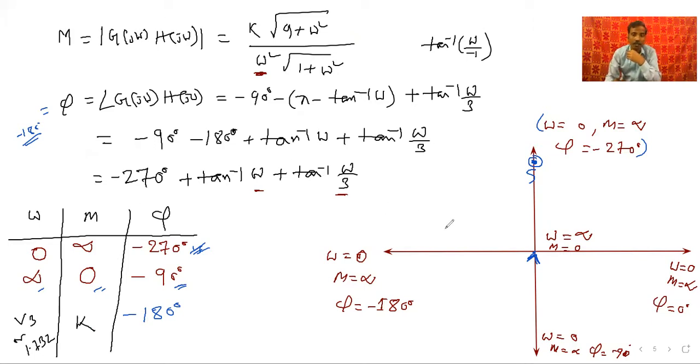When K equals 1, that means this magnitude equals 1. So at this point, omega equals root 3, M equals 1, and phi equals minus 180 degrees.